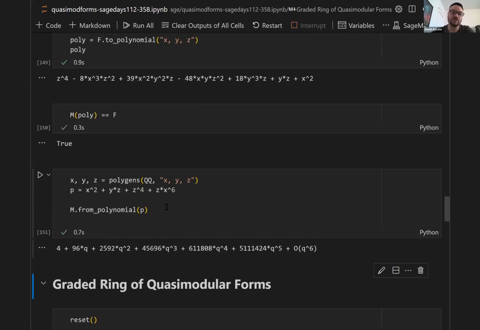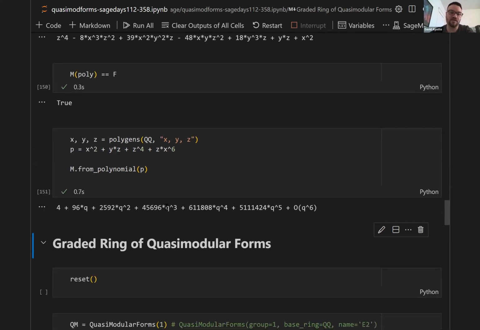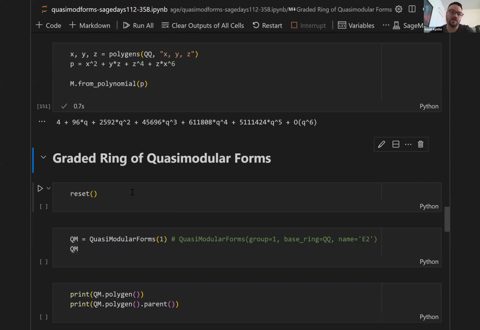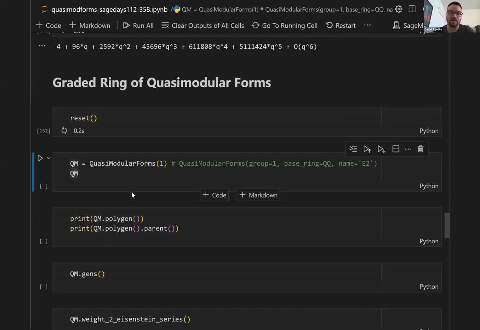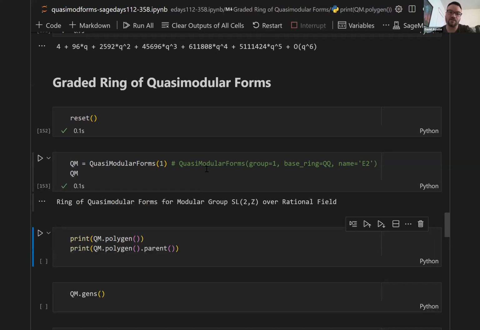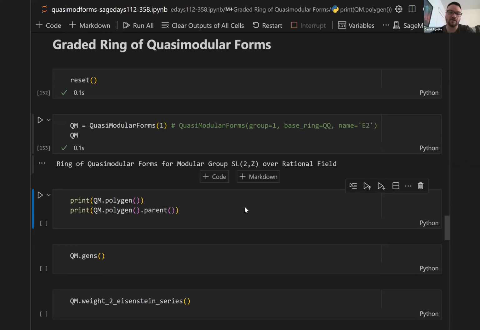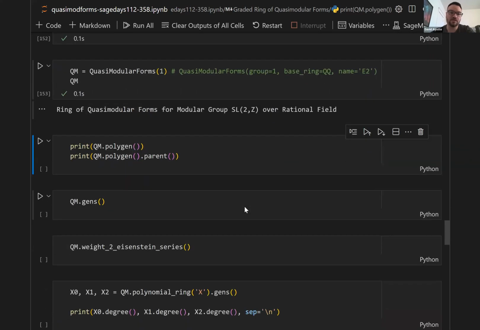Okay, so most of these features that I talked about are also implemented in the graded quasimodular form ring because they are really similar. So I won't explain them all again. We can create a quasimodular form ring like so for SL2Z.